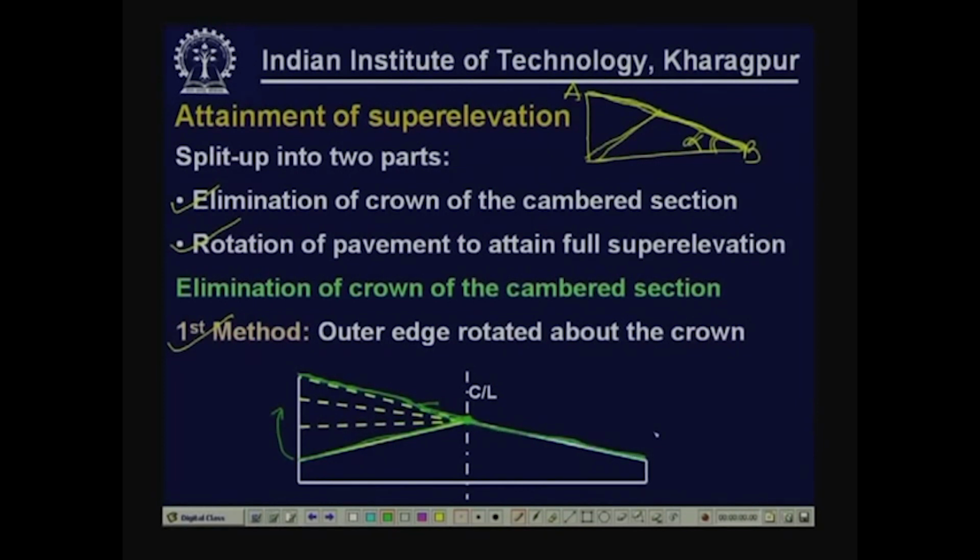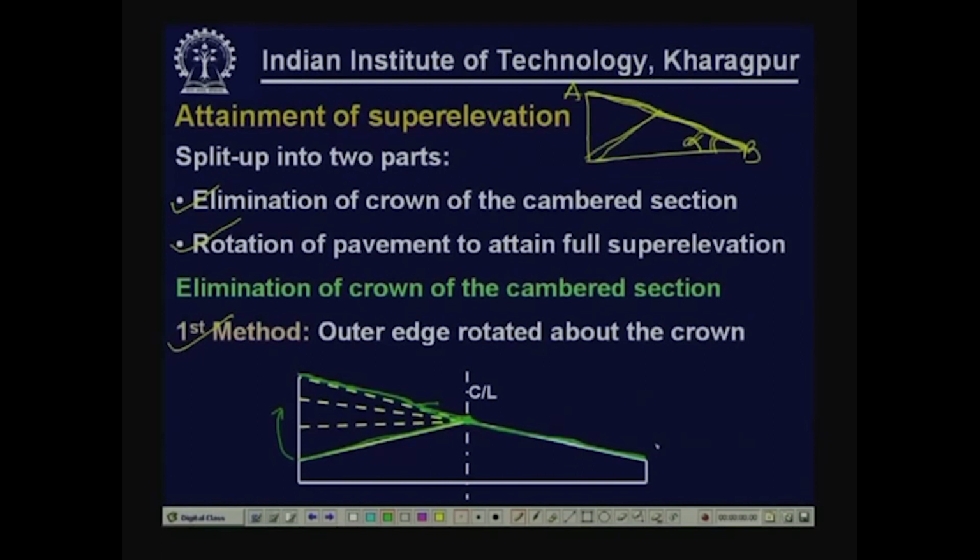That means it forms a basic straight line. So, what are we doing? The inner edge remains unchanged, the outer edge portion is rotated gradually over the length of the road, and finally we get a slope of the outer edge in line with the slope of the inner edge.